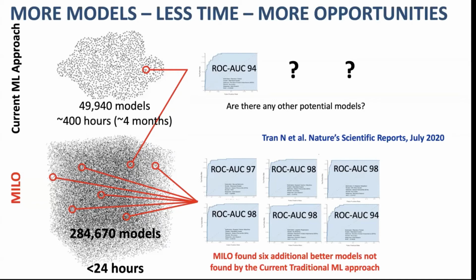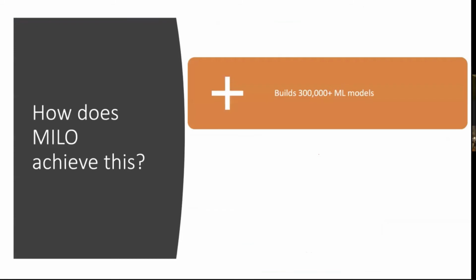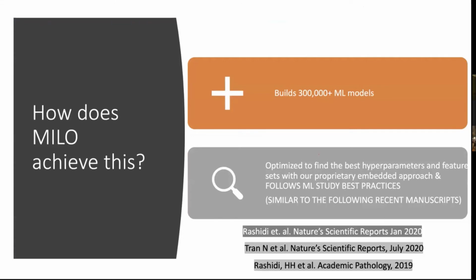It's a common sense thing. If you have an increased number of optimized models, and obviously a human can't evaluate this many models, but a machine can, especially if it's got the right embedded algorithms within it. So the approach is very simple: you build hundreds of thousands of optimized models, and most importantly, it should follow machine learning best practices, as we and others have published on.